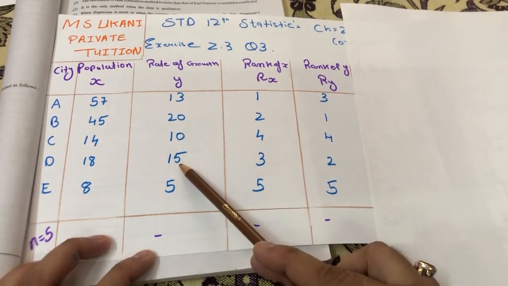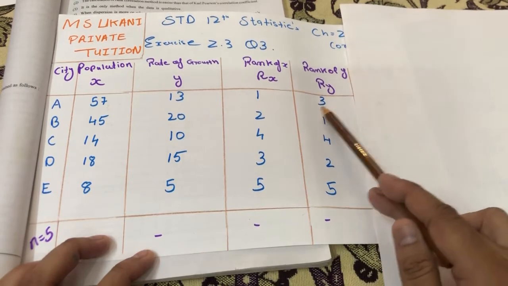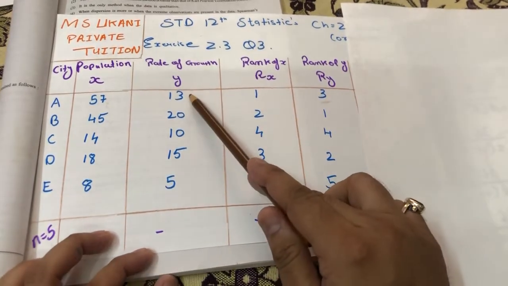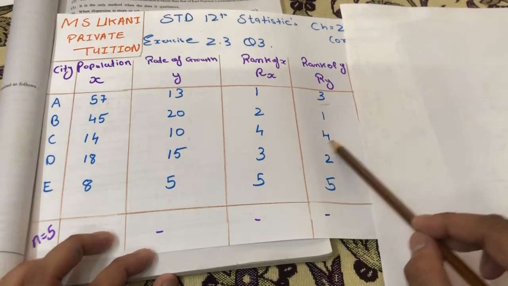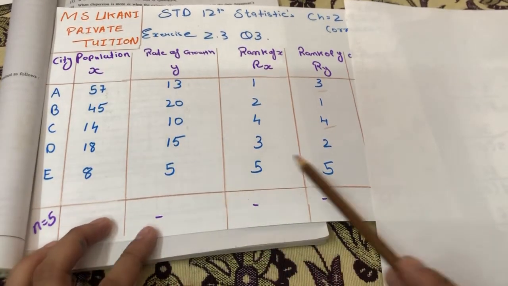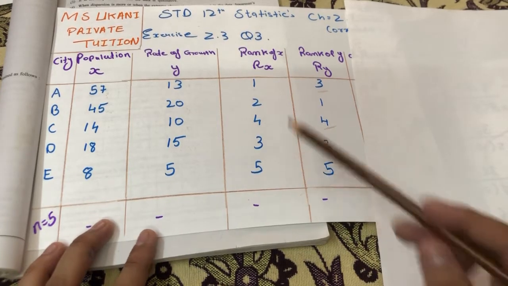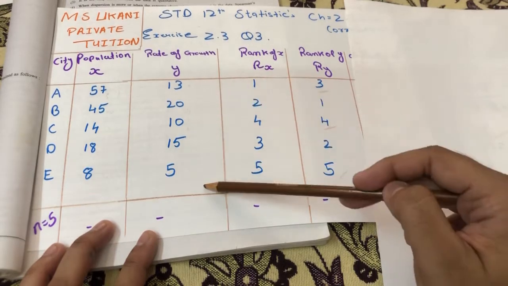Now the number less than 15 is 13, so I had given rank 3. Now the number less than 13 is 10, so I had given rank 4. And the number less than 10 is 5, so here I had given rank 5. In this way we will rank Rx from the X column and Ry from the Y column.